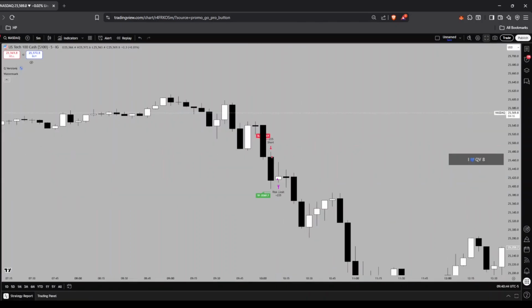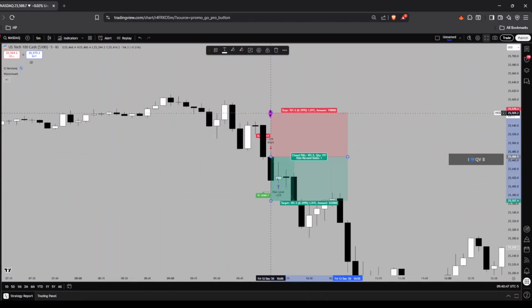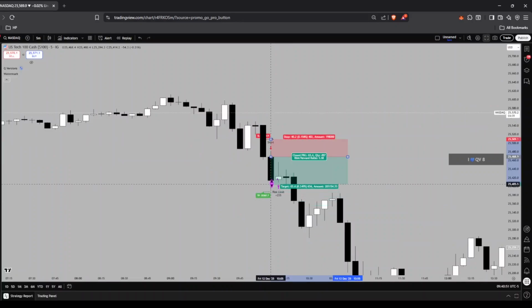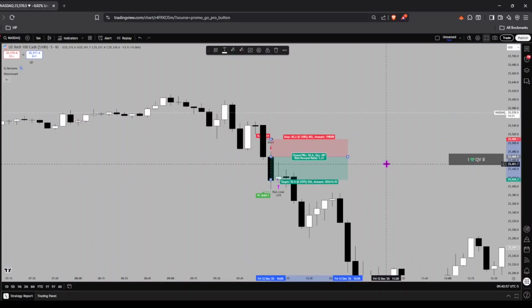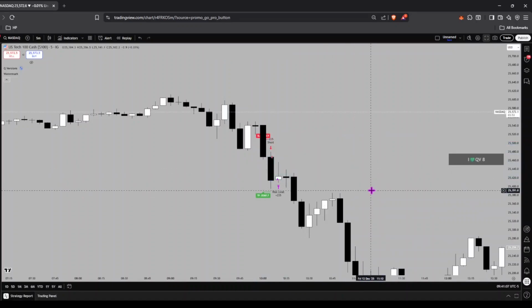It's a short. Stop loss on the line. And what's important, the take profit is right after the 5-minute close happens. So 1.31 R. Let me take a note of that.